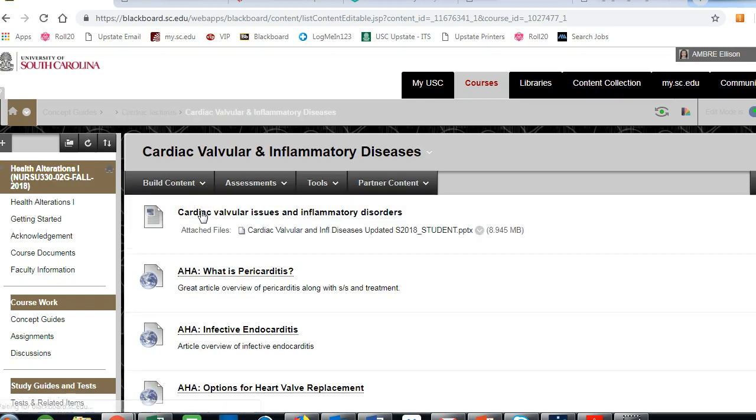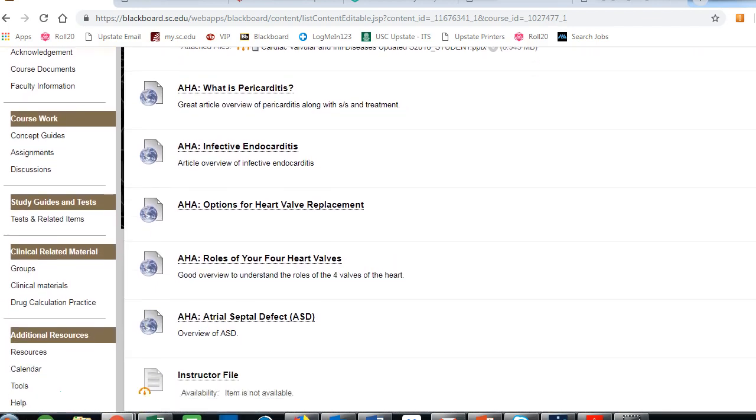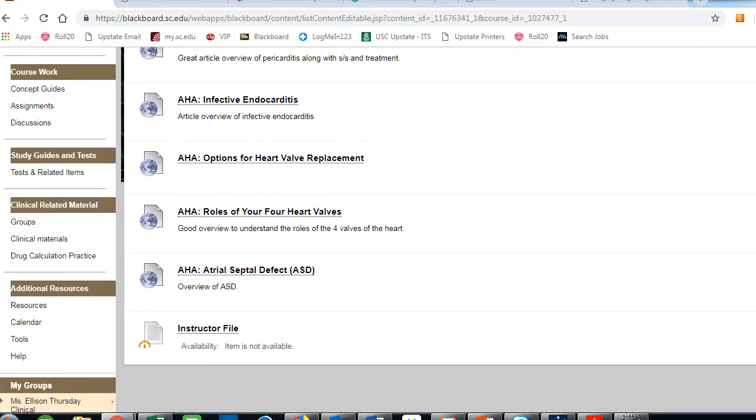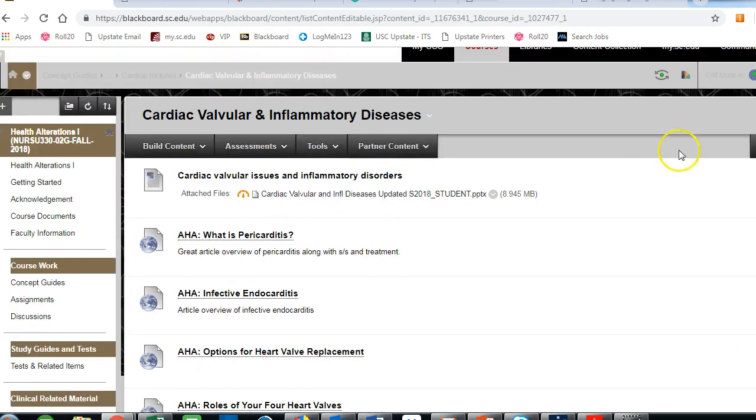That's a good one. And then there are just short little readings about pericarditis, endocarditis, atrial septal defects. So if you want to read over those before class, you can. Not mandatory. What is mandatory is reading chapter 33 and chapter 34.